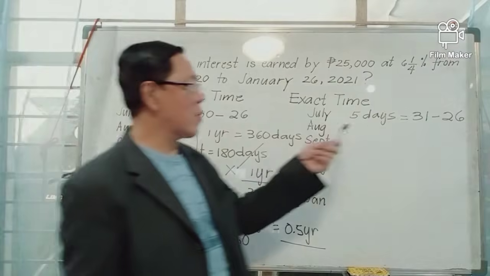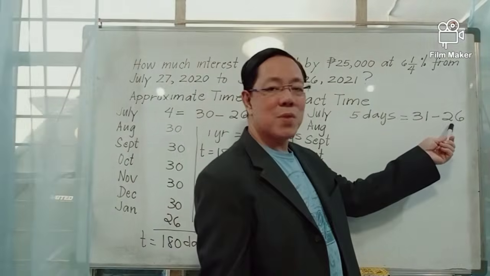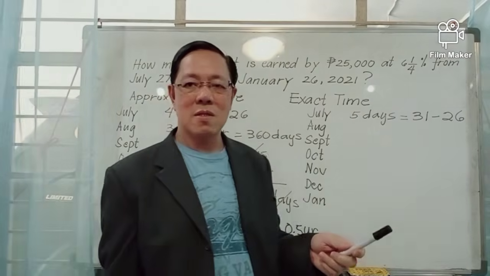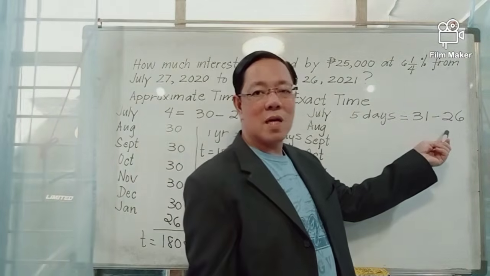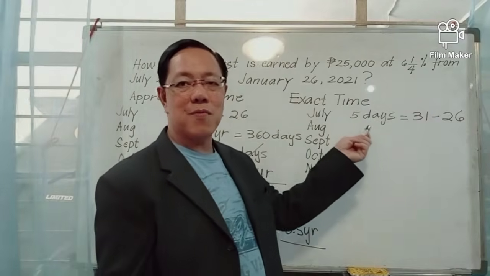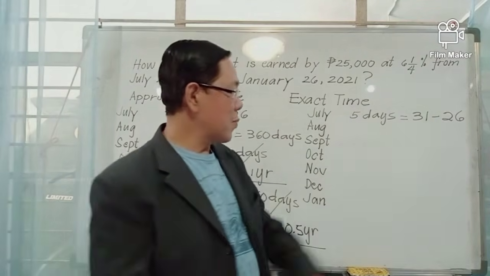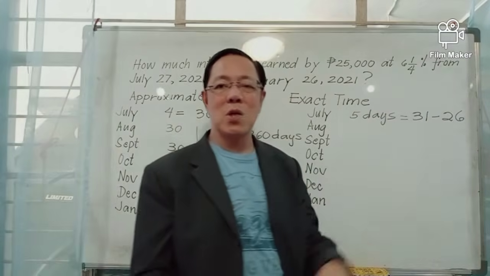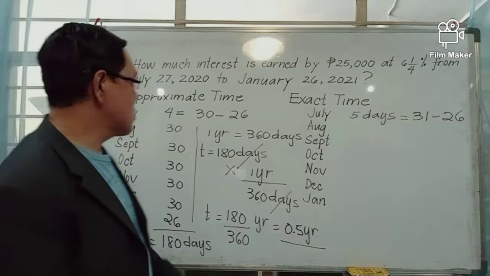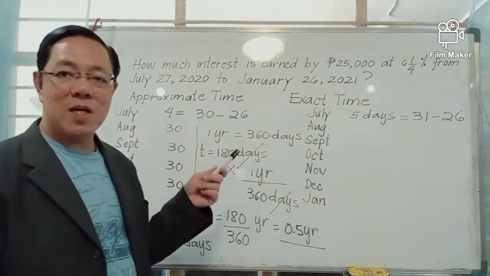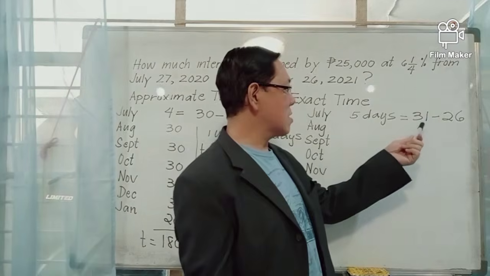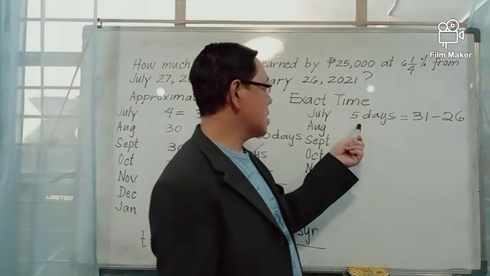And subtract 26 from 31, you get 5 days. If you write 31 minus 27, you will get only 4 days, because if you subtract 27 from 31, 27 will not be counted. So you have to subtract 1 from 27, and you will get 26, and subtract 26 from 31. You get 5 days.